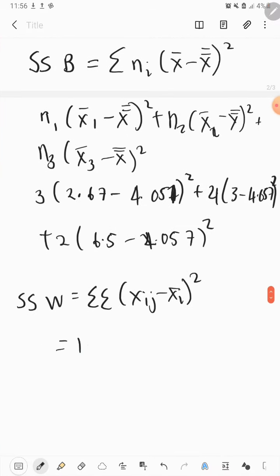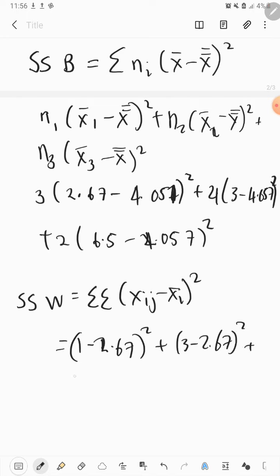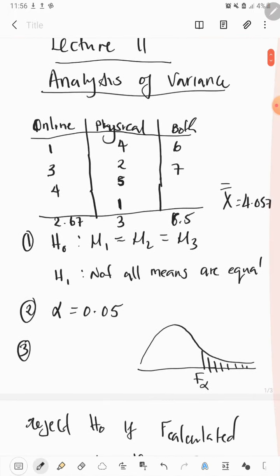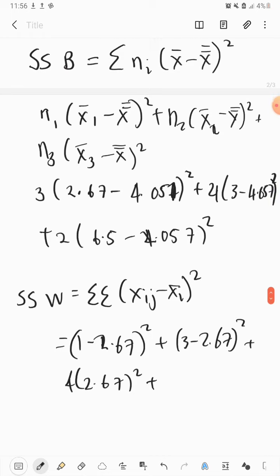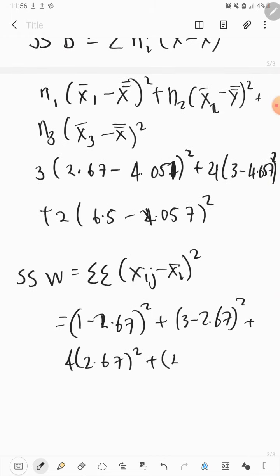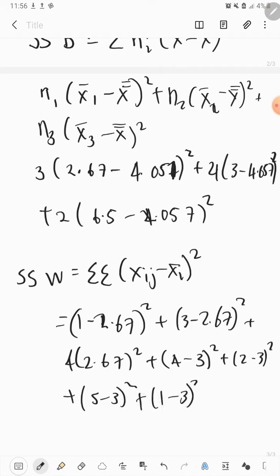So this is 1 minus 2.67 squared, plus 3 minus 2.67 squared, plus 4 minus 2.67 squared, plus the other values 2, 4, 5, 1. Then for that mean, we have 2 minus 3 squared, and so on.